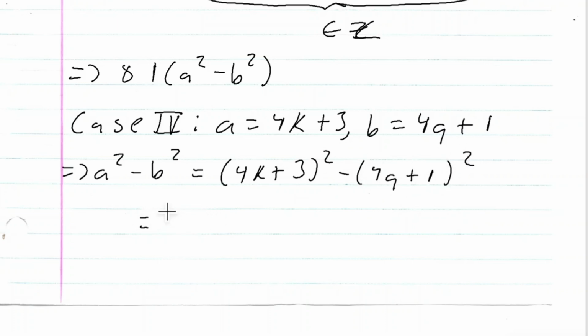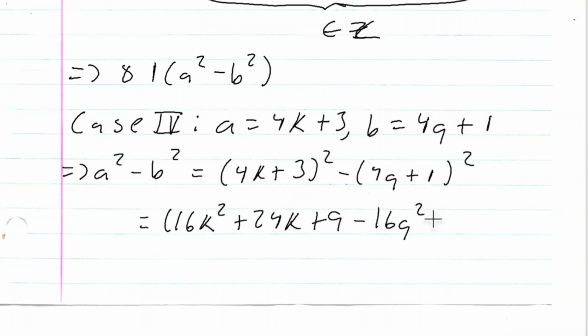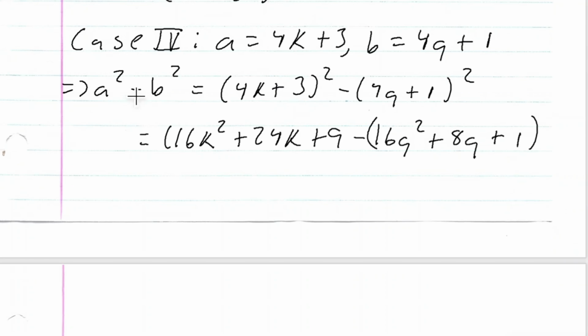And then this will just be 16k squared plus 24k plus 9 minus (16q squared plus 8q plus 1). I need to put that parenthesis around there, right?